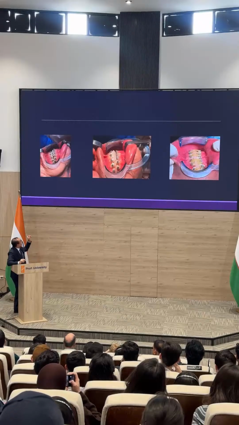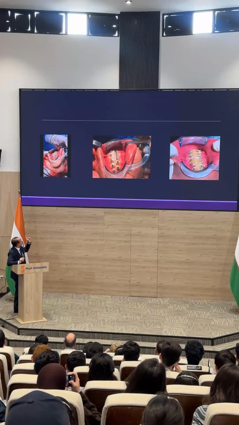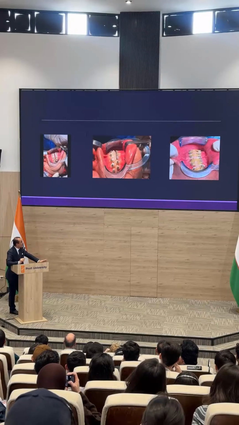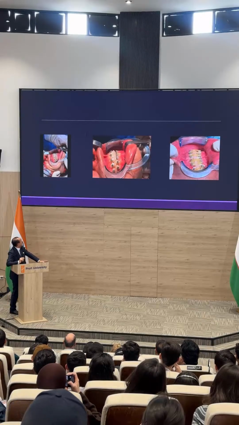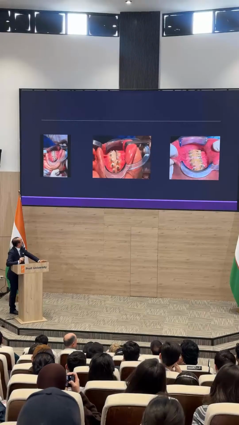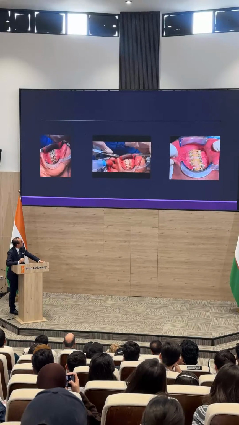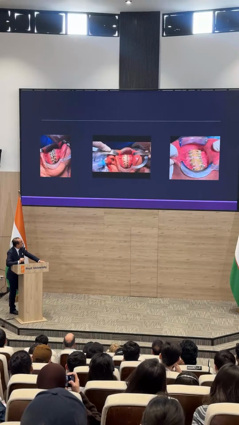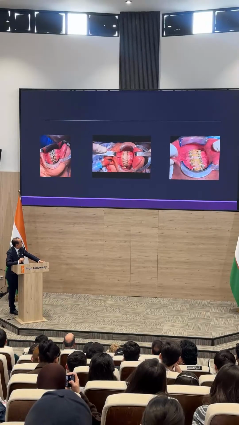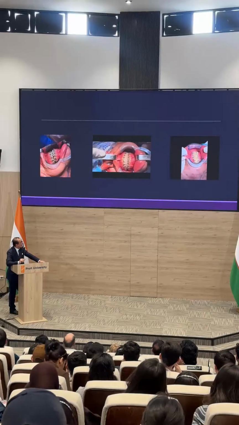This is during the surgery, with double-sided vertical corticotomy, you can see the right position of the jaw and the splint, which was planned before the operation, and also fixation.